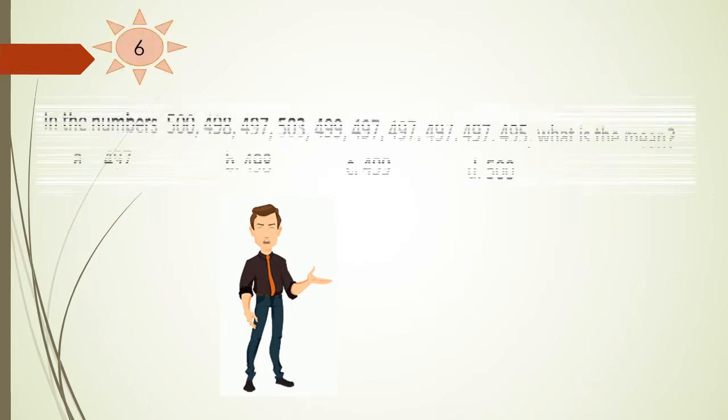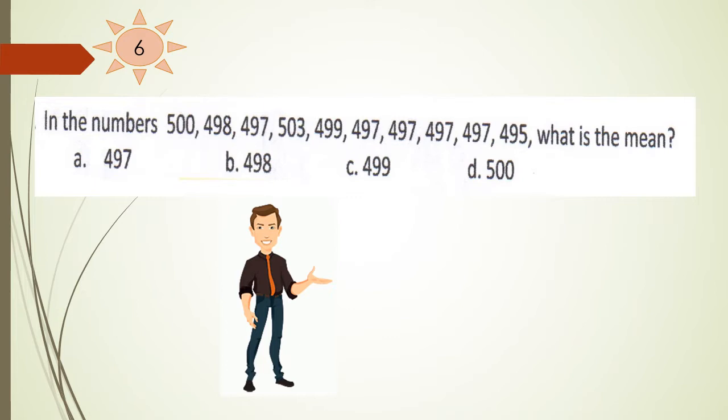Number 6. In the numbers 500, 498, 497, 503, 499, 497, 497, 497, 497, 495. What is the mean? A. 497, letter B. 498, letter C. 499, or letter D. 500.